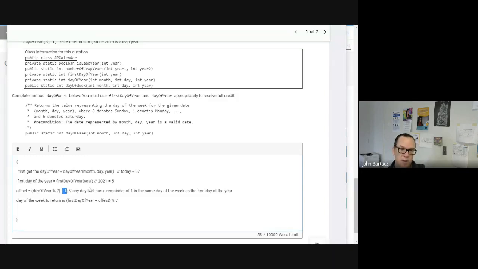And then we still have to take that whole thing, add it to whatever the marker for the first day of the year was, and take the remainder of that with 7 again, because it might be Friday plus 3 days. And we have to wrap around, just like weeks wrap around: Friday, Saturday, Sunday, Monday, Tuesday, Wednesday. We have to return the number 3, not the number 10, because the number 10 is not a valid day of the week.